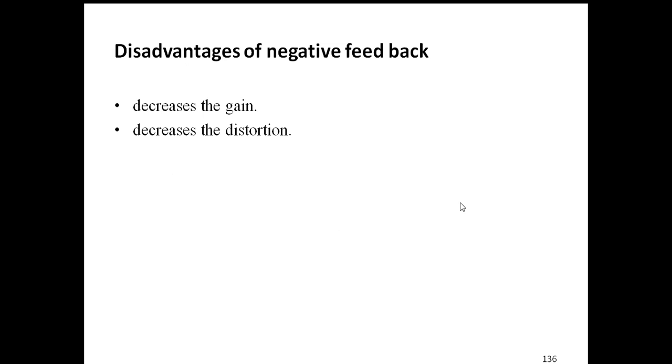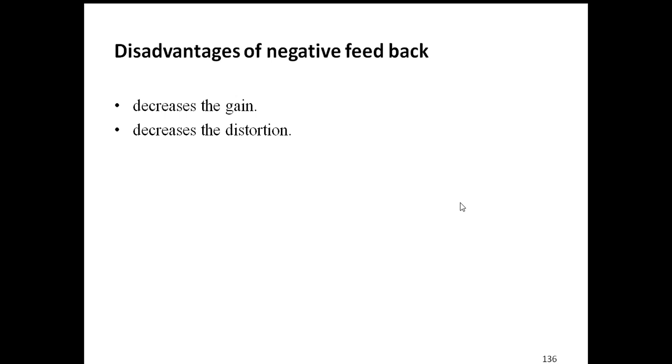Disadvantages of negative feedback. It decreases the gain. This is one of the worst characteristics. Generally, amplifiers are used for increasing the gain, but by using negative feedback, the most important characteristic is that it decreases the gain.